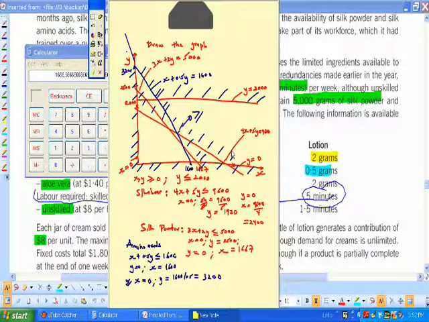So the unshaded part, which in this case is O, A, B, C, and D, is clearly the feasible region.